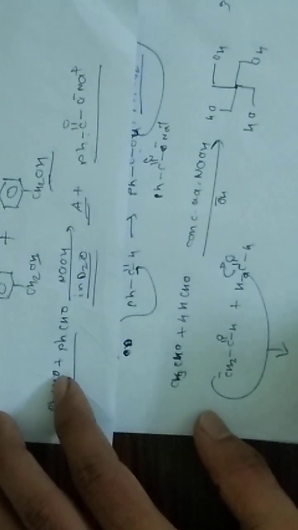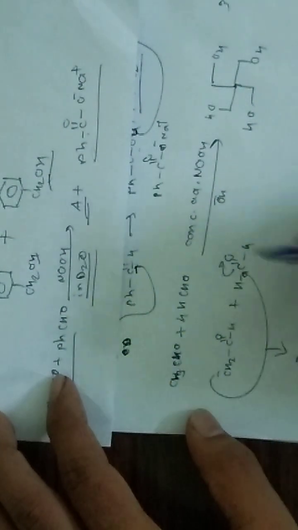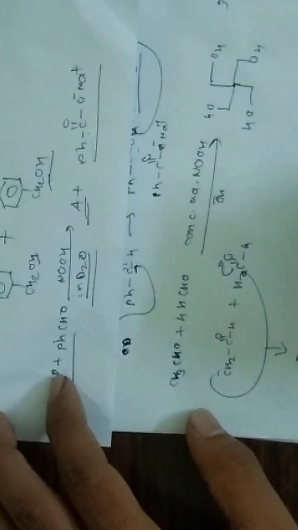So what will form is HCO minus, here H, here CH2 C double bond OH. And after workup, that is from water, this will take a proton and form OH, CH2, CH2, C double bond OH.